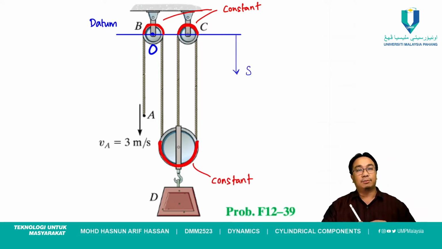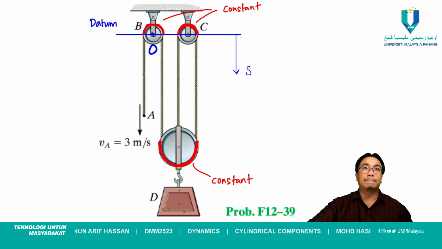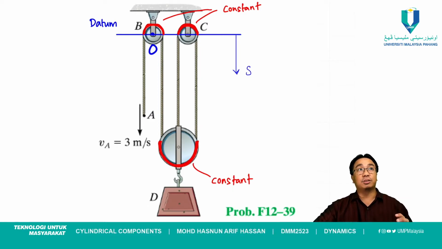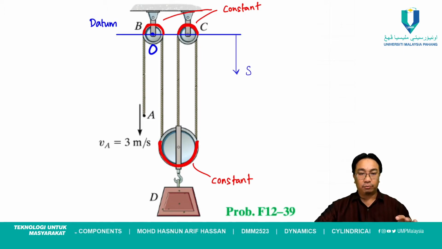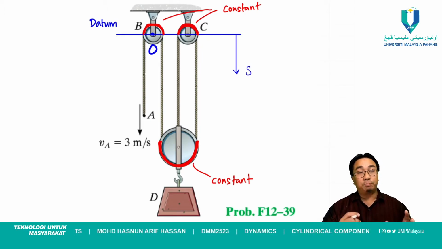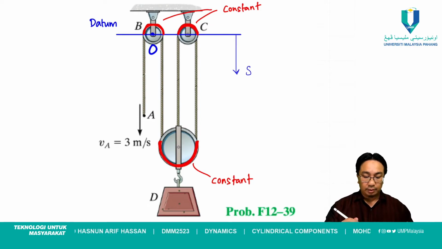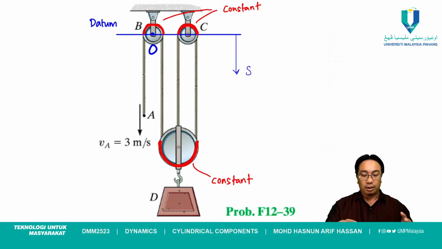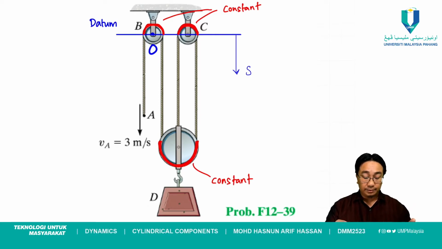Next step is to do what? Next step is to find the position of kita punya object dalam ni with respect to our coordinate system tadi. So, how many objects do we have in here?